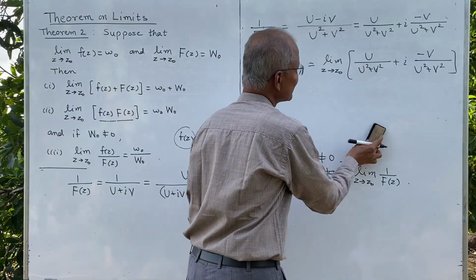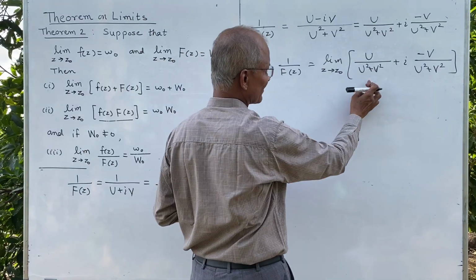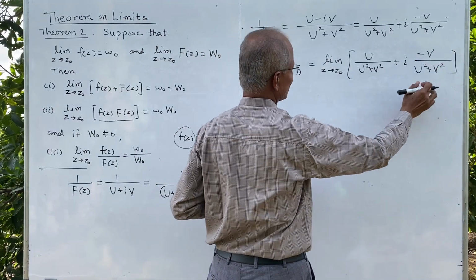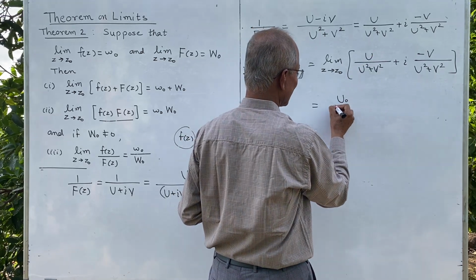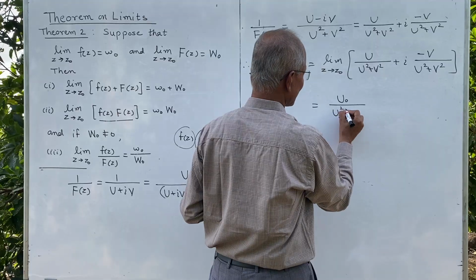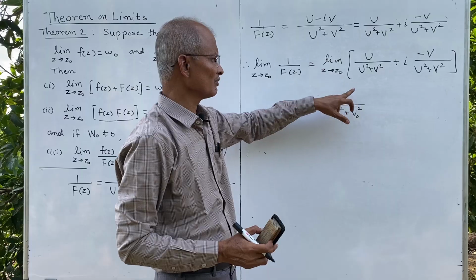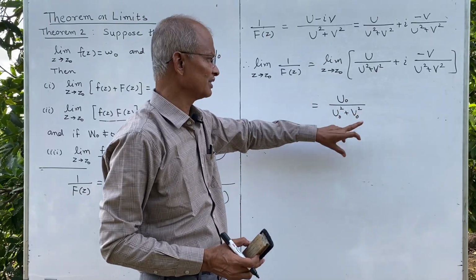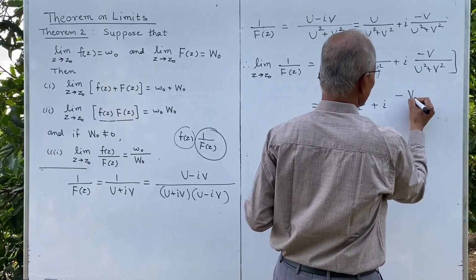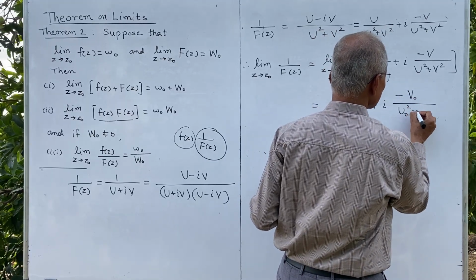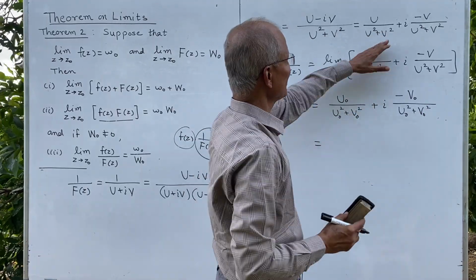By theorem 1, this is limit of real part plus limit of imaginary part, and we know the limit of this expression is u naught divided by u naught square plus v naught square, because limit of u is u naught, and we have written limit of capital V is capital V naught, and plus i minus v naught divided by u naught square plus v naught square.